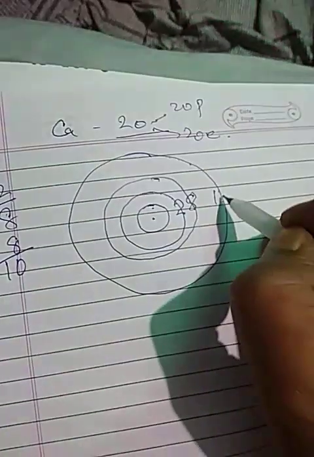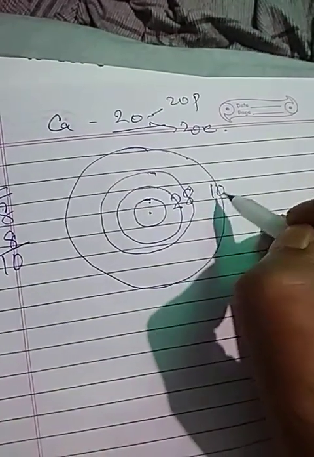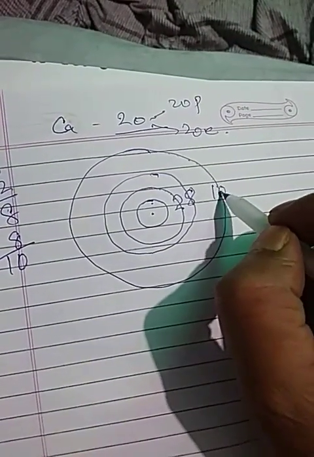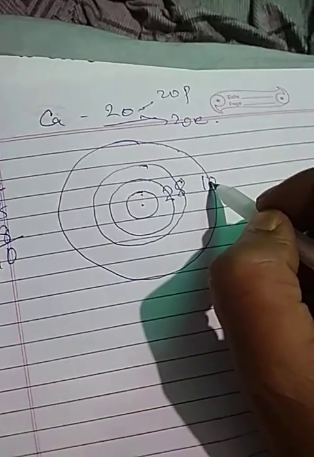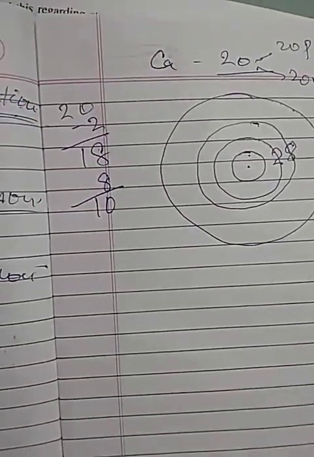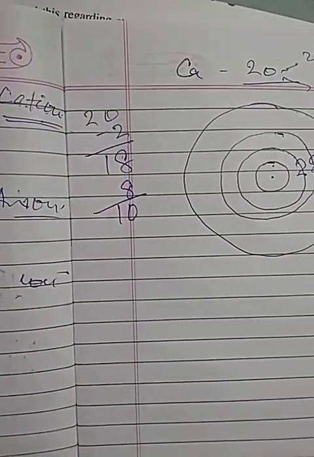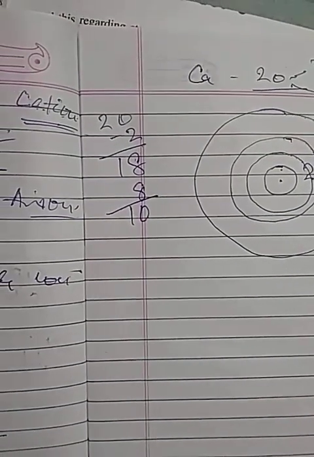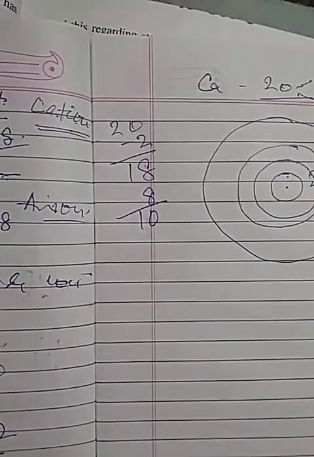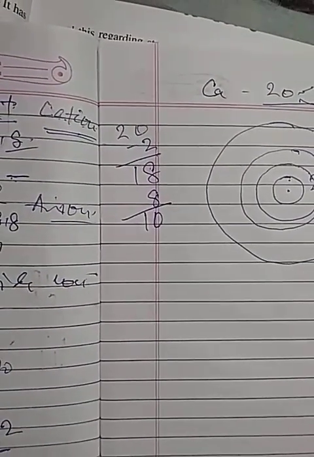What is the capacity of the third cell? It is 18. So as per the rule, all of these would shift to the third cell. But it is said that all atoms tend to have 8 electrons in the outermost cell to get the inert configuration. Inert configuration means the configuration of inert gases.